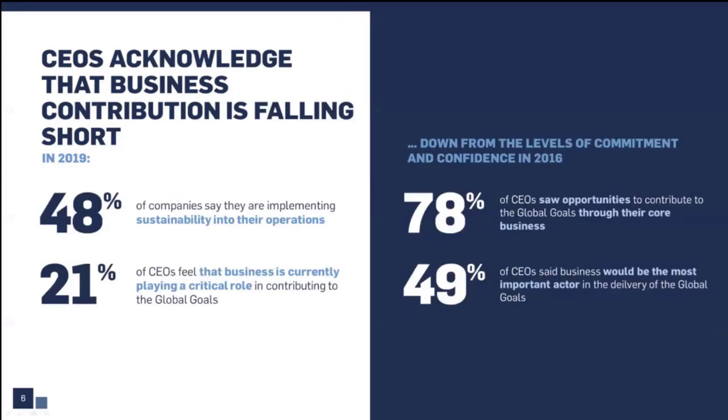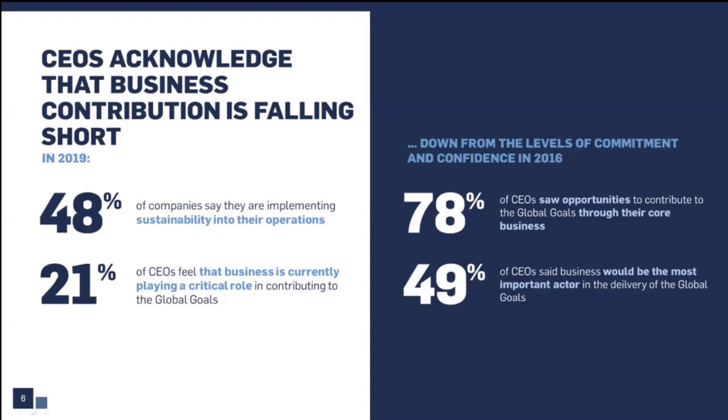We know also, from the CEOs' different opinions, that 78% of the CEOs in 2016 saw opportunities to contribute to the global goals through their core business. But unfortunately, in 2019, only 48% of companies say that they are implementing sustainability into their operations.